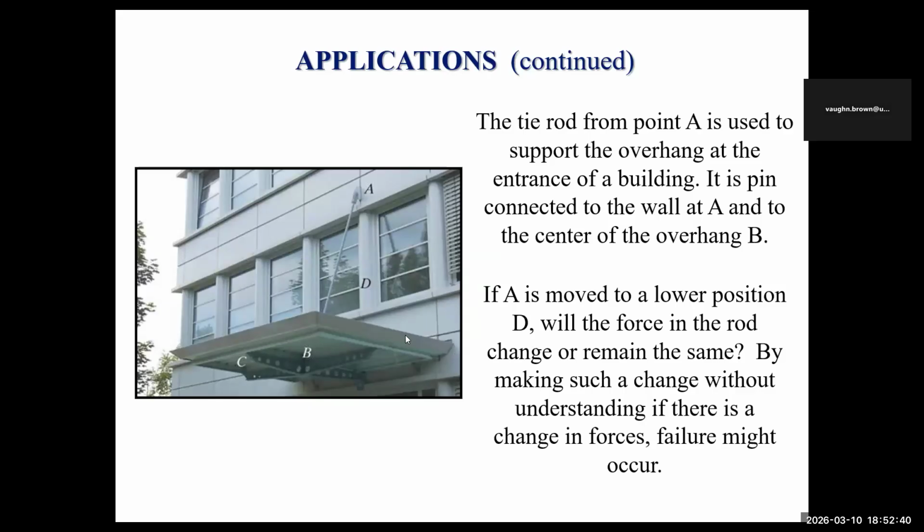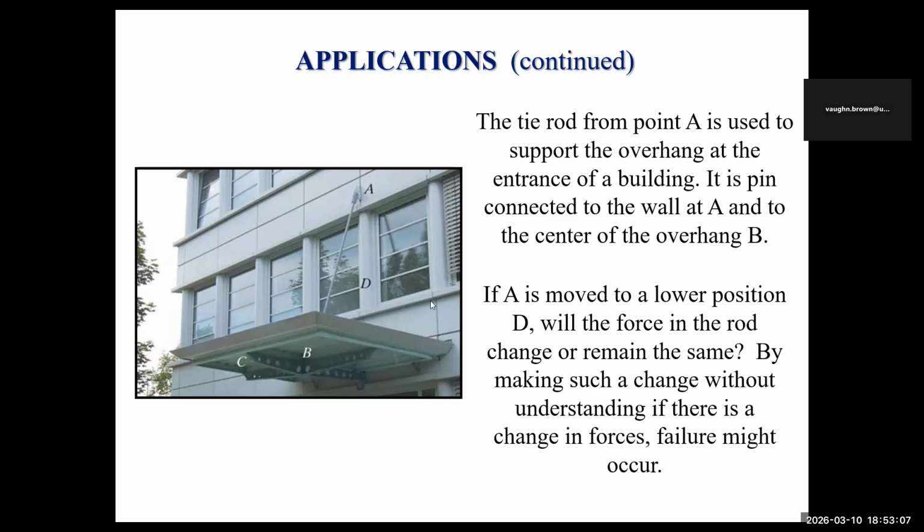this is a tie rod from A. So you look now, you see that sometimes you see these in buildings, you see these sections that you have here, these coverings here, but something will need to support it. You don't want it to tear off from here, maybe due to wind and whatever, and it's not sturdy enough. So it is anchored by a cable here at A, something is anchored at C, something at B down there, right?